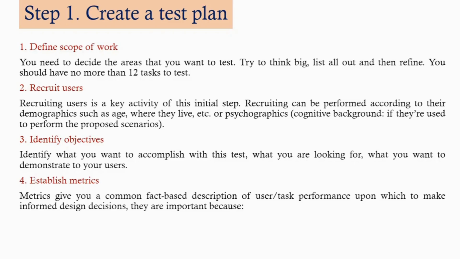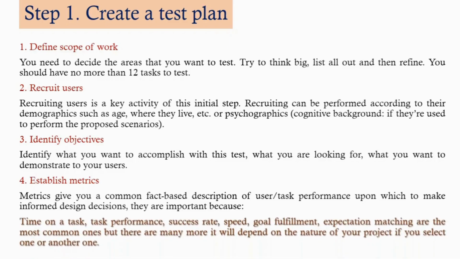Metrics are nothing but a fact-based description of user or task performance upon which to make informed design decisions. They are very, very important, because based upon this you are going to take decisions about your product. Metrics you can consider on a time-on-task basis, task performance, success rate, speed, goal fulfillment, and expectation.